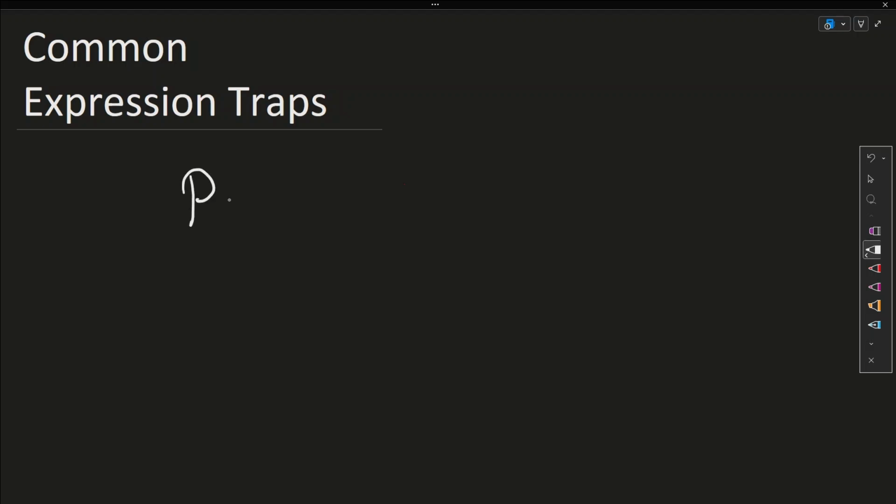Now, let's look at P minus 2/5 and 3/5 P. These are not equivalent. The first expression subtracts the number 2/5 from P. The second expression takes 3/5 of P. Those are different actions.